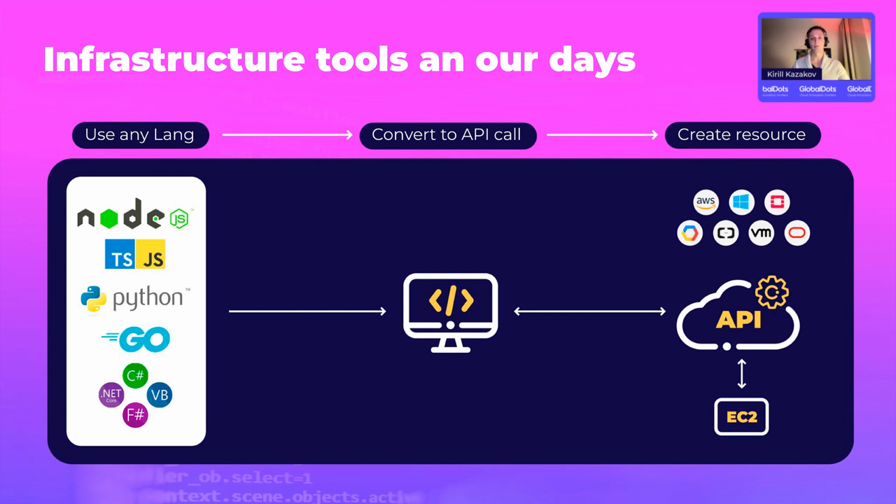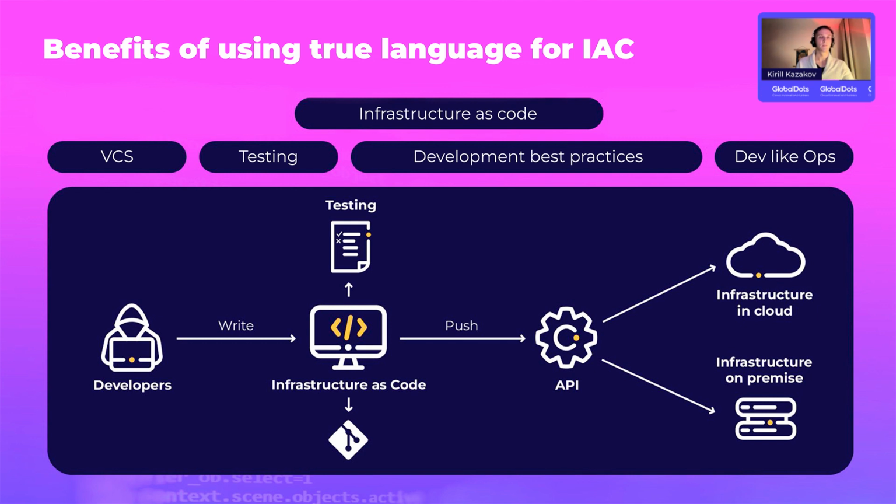In order to simplify the process of describing infrastructure and make it more common, there are new tools devised, working with many providers via API and supporting many existing popular languages. We will talk a little later about these tools; besides Pulumi, there are some others. So the infrastructure as code flow in the picture can look like regular software development.